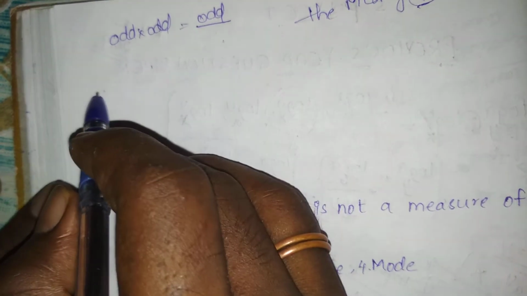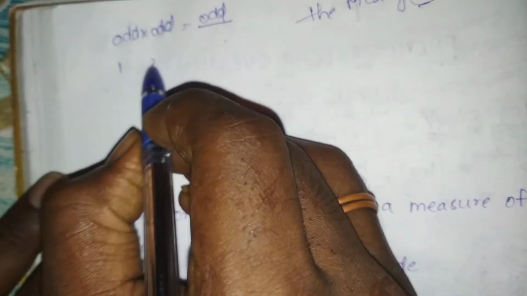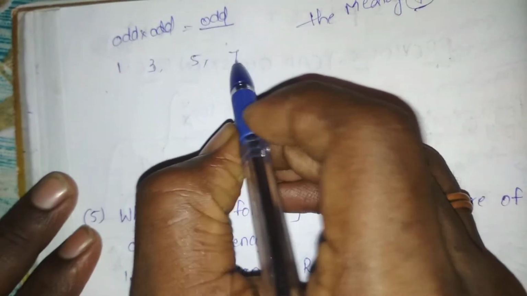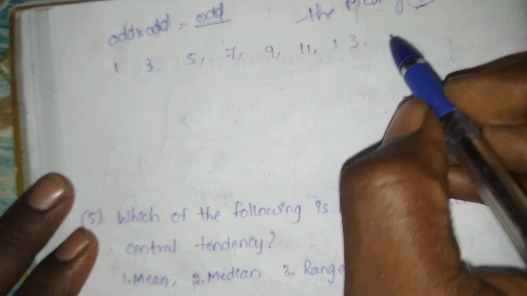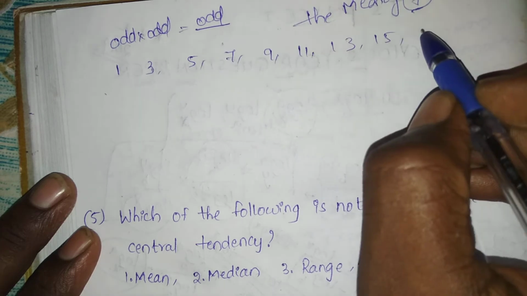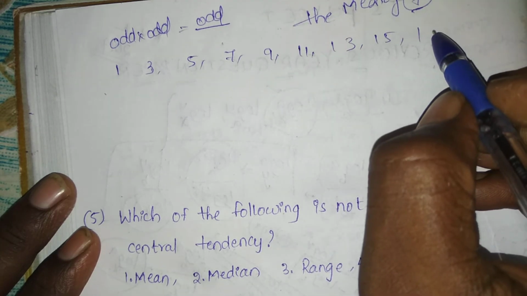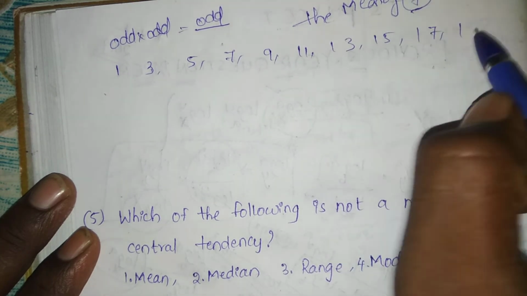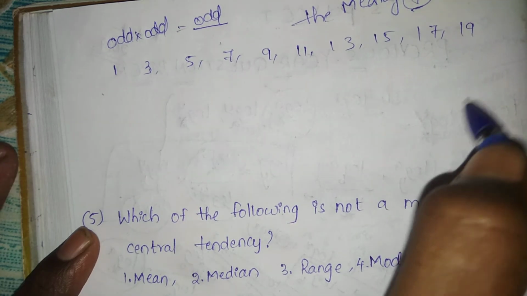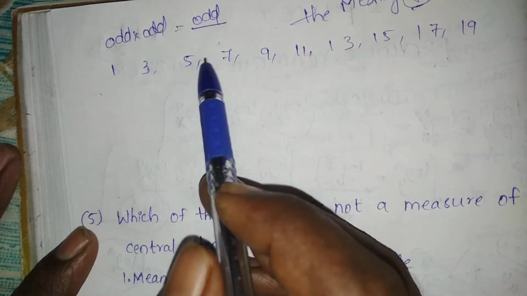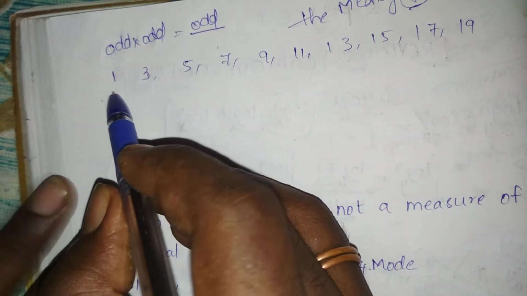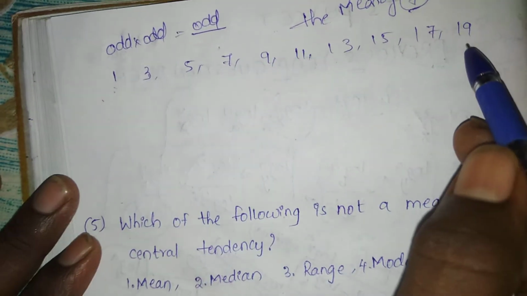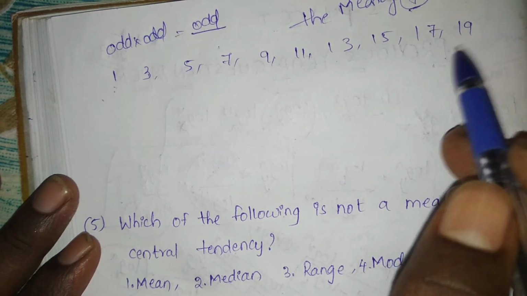We know that 1 is odd: 1, 3, 5, 7, 9, 11, 13, 15, 17, 19. These are all the odd numbers, 10 numbers in total, which get multiplied by 7.